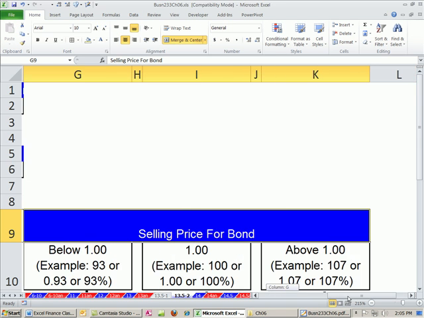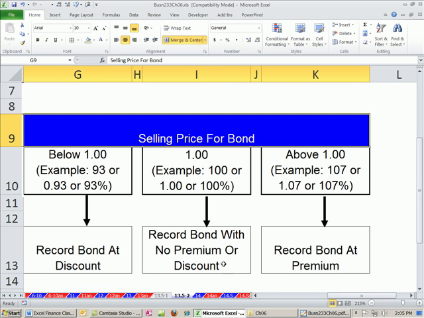Here's another potentially helpful chart. This is when you see the selling price. Any number below 1, sometimes you see it quoted at 93, sometimes it's 0.93, sometimes it's 93%. But anytime you see the quoted price less than 1, you have to record it at a discount. Remember, we take that 0.93 and multiply it by the face value of 1,000, so we get 930 bucks.